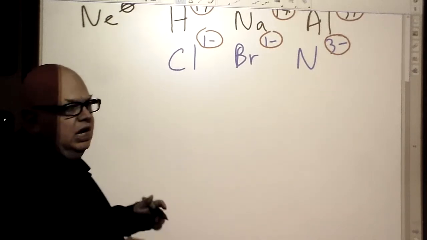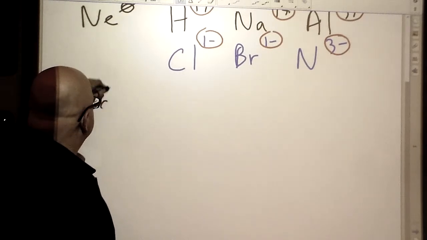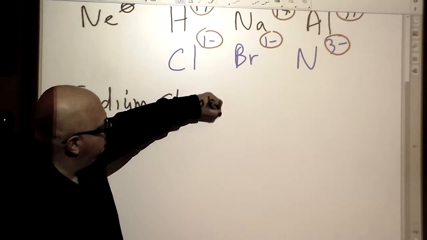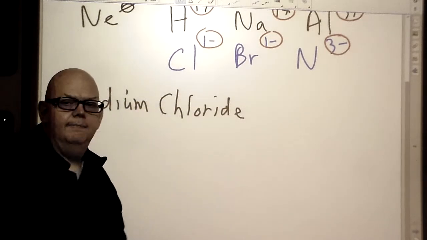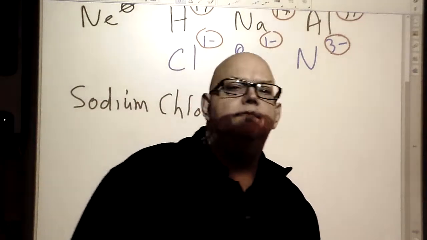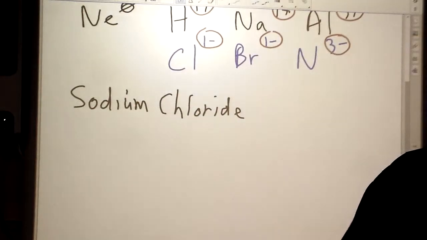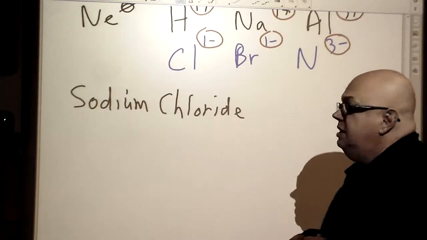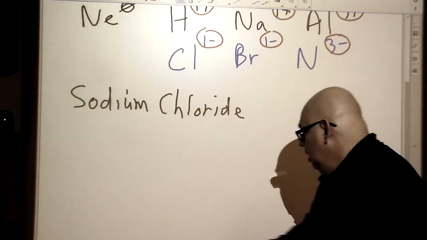Let's take a common one, a lot of people know this one, good old sodium chloride. I'm going to show you a way we can balance out sodium chloride, and it's not too bad, but we're going to need a little bit of information.